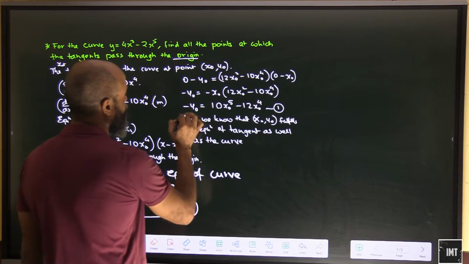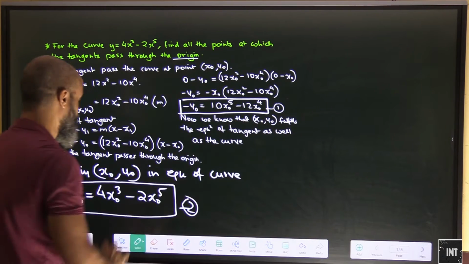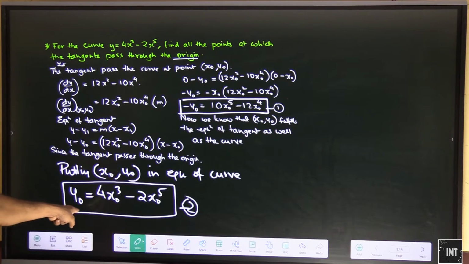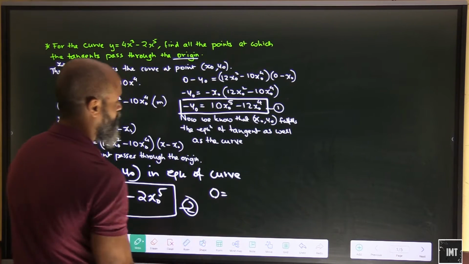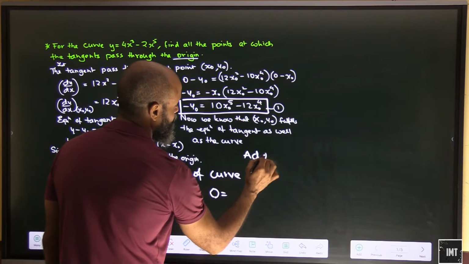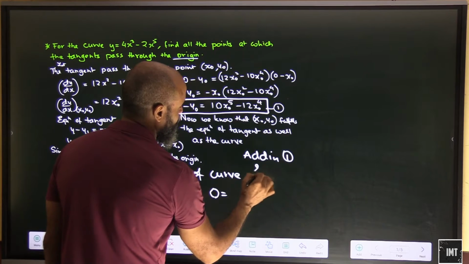So we already have equation number 1 here. If we happen to add these, obviously y naught will get cancelled with y naught, so we will have a 0 here. So this is basically adding 1 and 2.